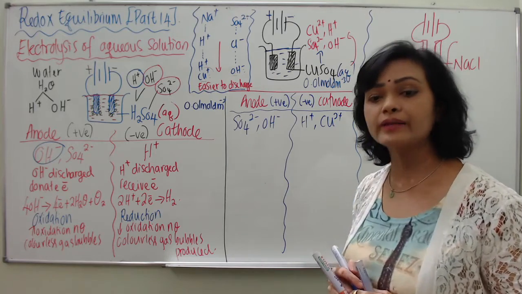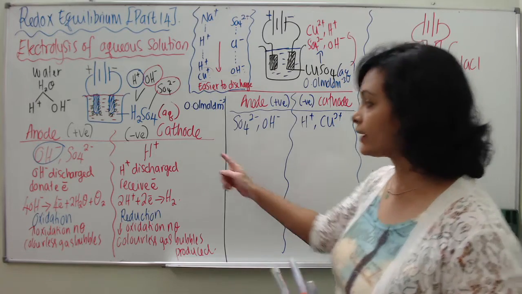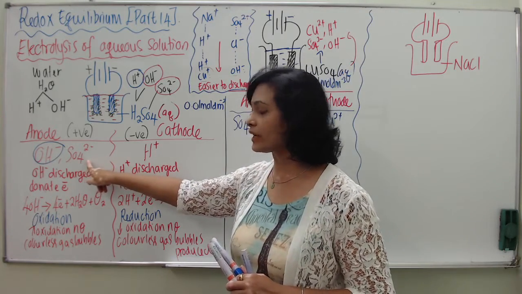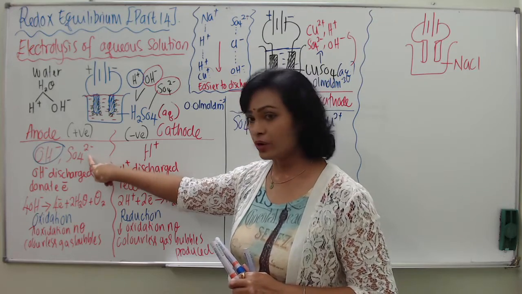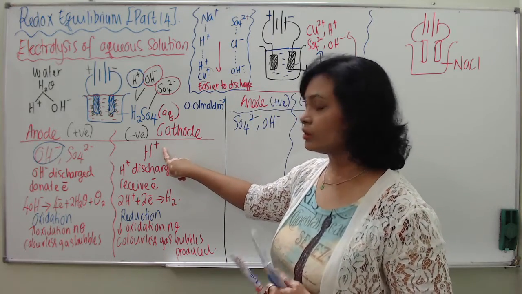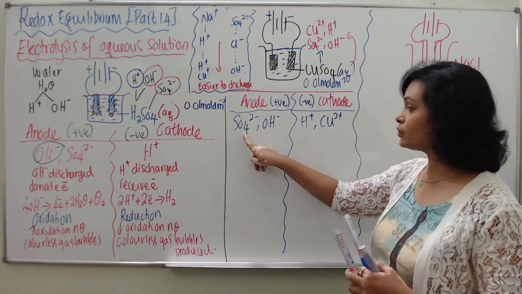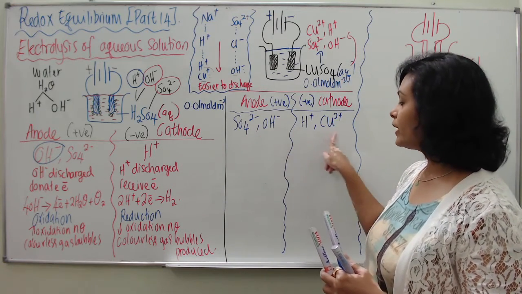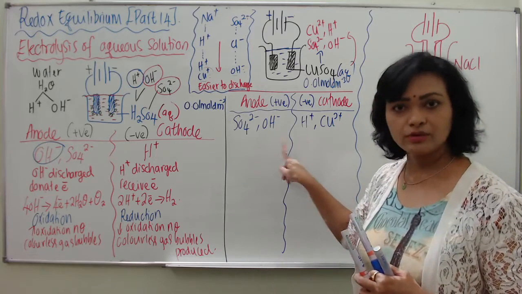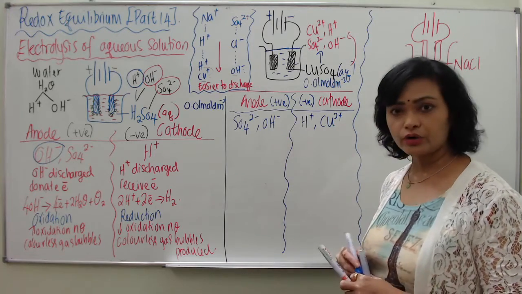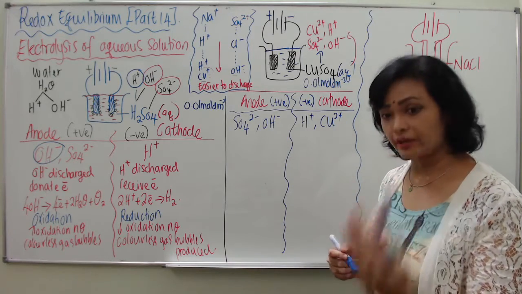Now this is where the real dilemma starts. At least in here, you only have to crack your head about anode. Here at cathode, we only have hydrogen, so no problem. Here, can you see, you have two pairs of ions. So you have to really choose carefully.